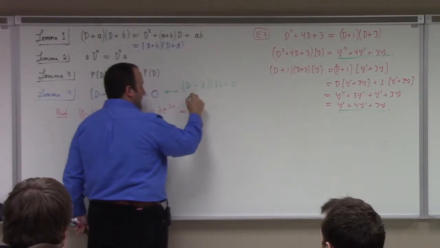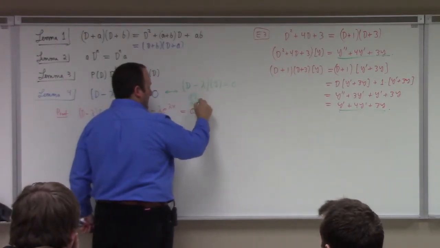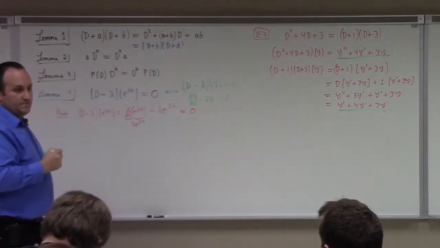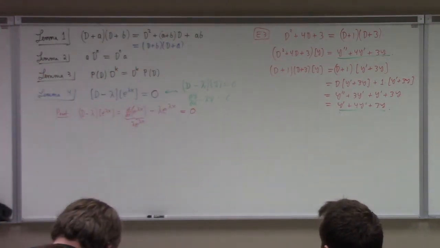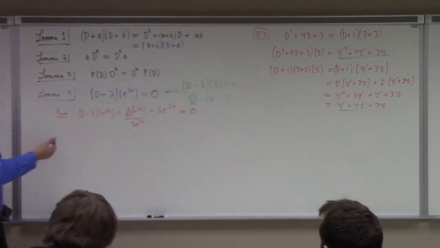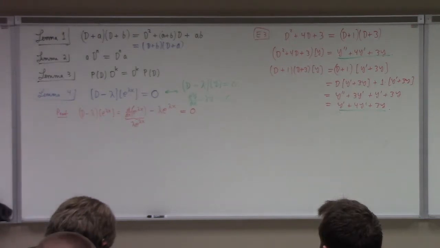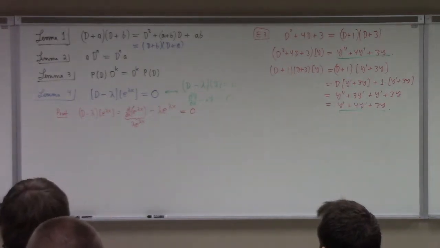This is the differential equation dy dx minus lambda y equals 0, right? Through either separation of variables or the integrating factor technique, whatever floats your boat, you can easily derive e to the lambda x as the solution to the differential equation. Not a big deal, right? So it's a natural guess, my lemma 4.